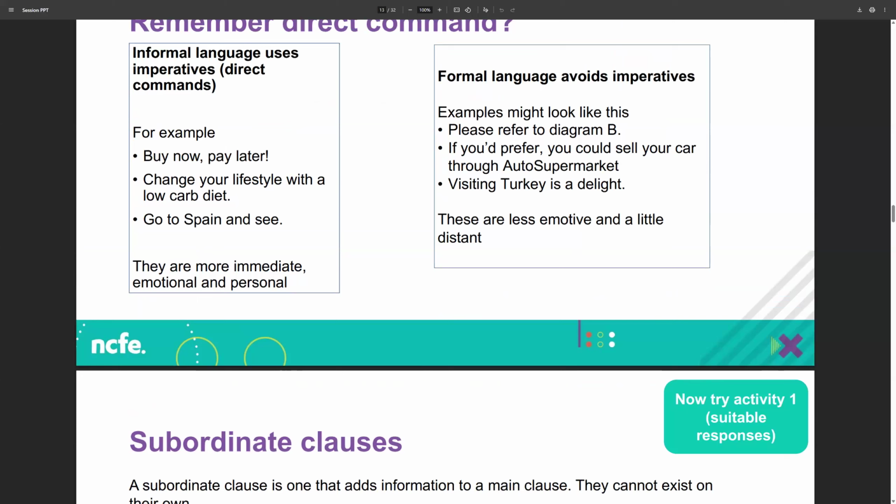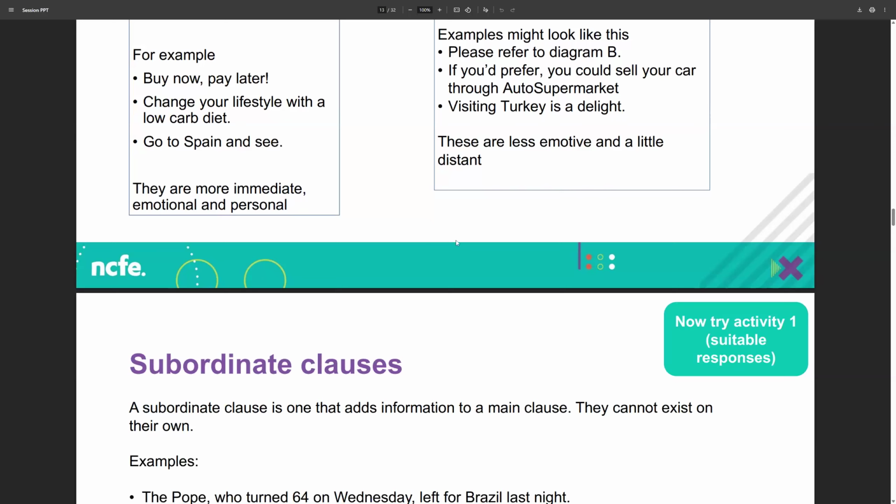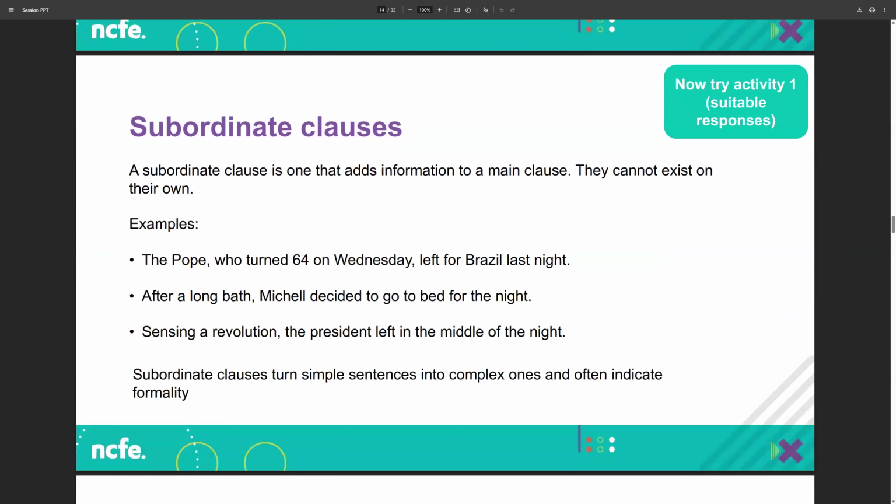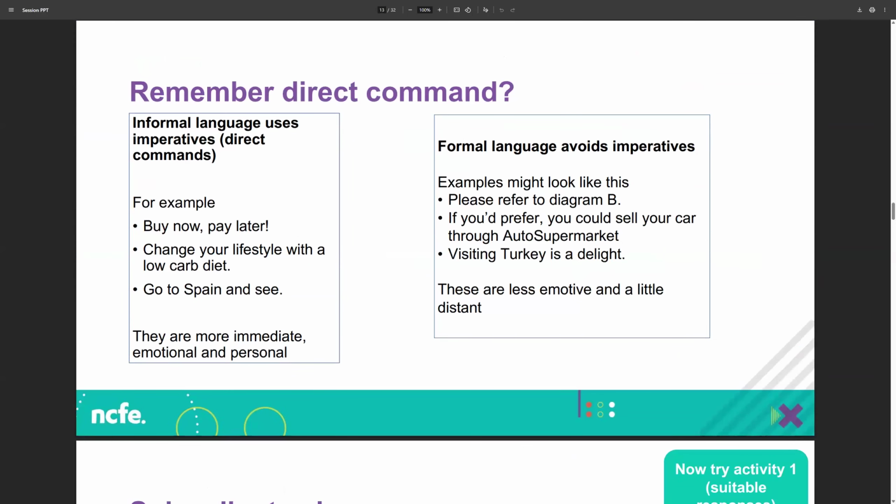Whereas if you suggest something, they're more likely to take it in a better light, because they're not being told what to do. People don't like being told what to do. I'm sure you know this. But just thinking about that in terms of formal and informal: formal avoids imperatives, informal uses imperatives.